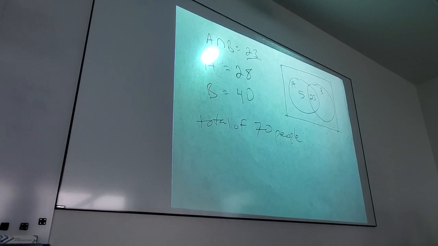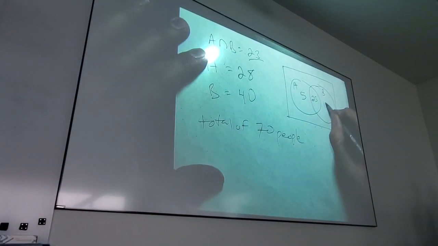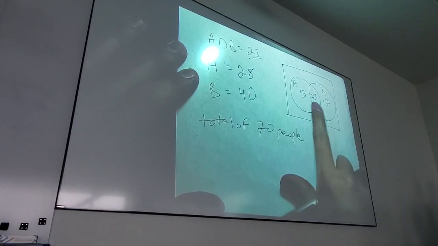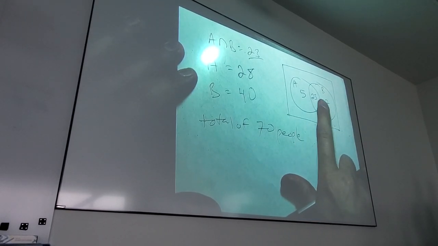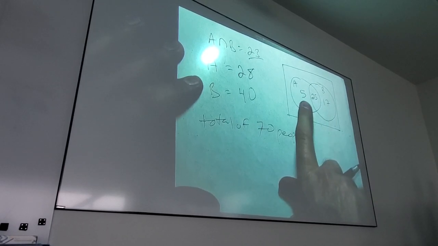How many do I put over in the side in B? 17. Good, because there's 40 total. So I need 17 here. How many people is that total so far? 17 plus 23 is 40, plus 5 is 45.